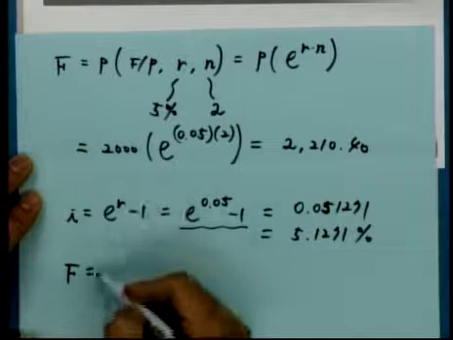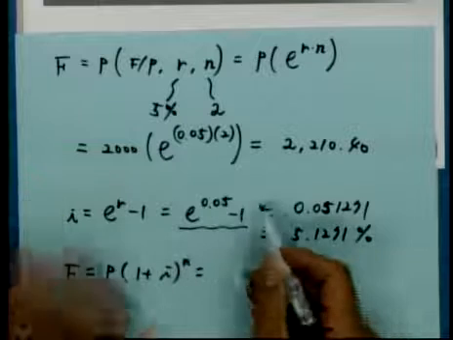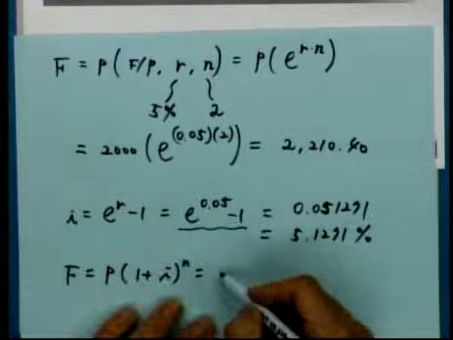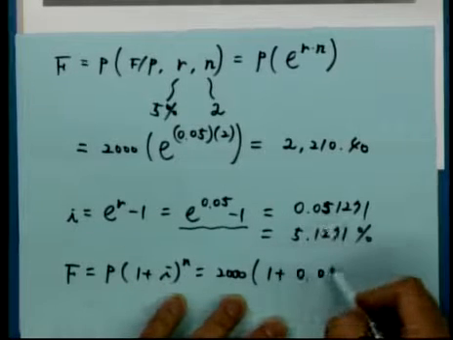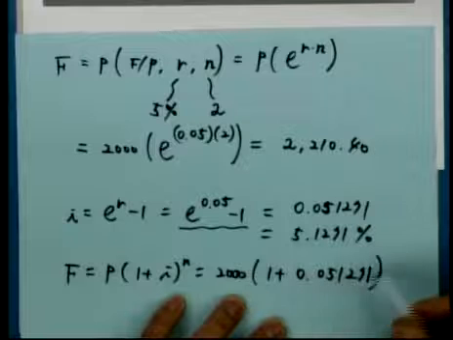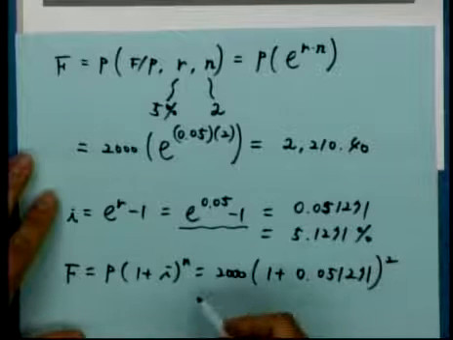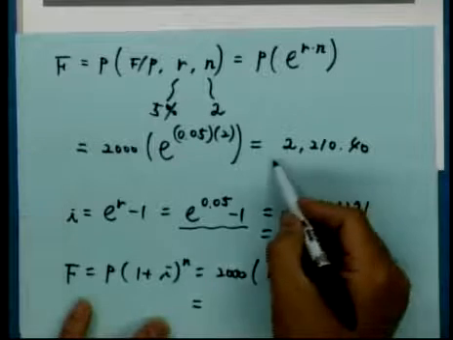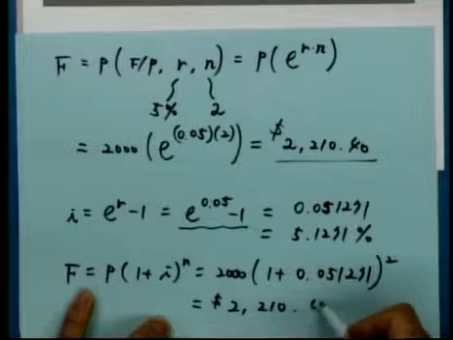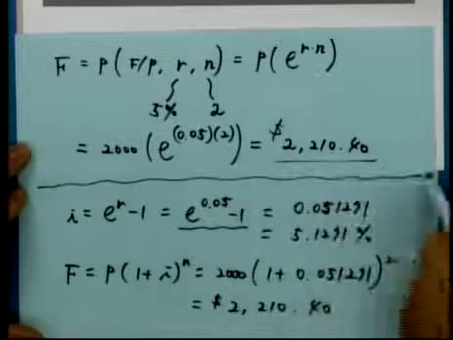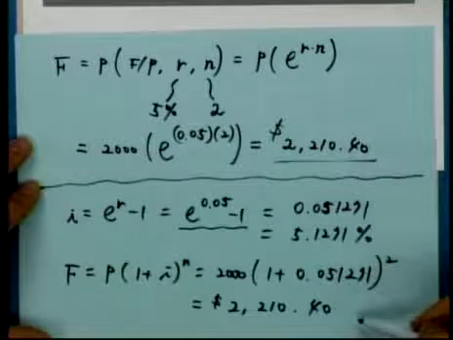And then we can use this interest rate in this formula, right? So it's going to be 2,000 times (1 plus 0.051271) to the power 2. Then I believe you will get the same amount, which is $2,210.40. So in this example, I just show you 2 different ways to get the same answer. Okay?